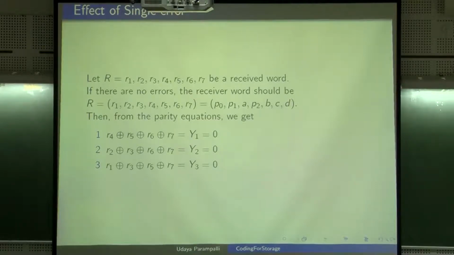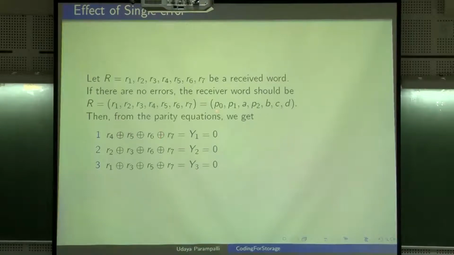Assume that there are no errors, and that the positions of A, B, C, D are exactly as placed here. I can recompute P0, P1, and instead of that, I use the same equations and actually compute the parities including the received parity bits.